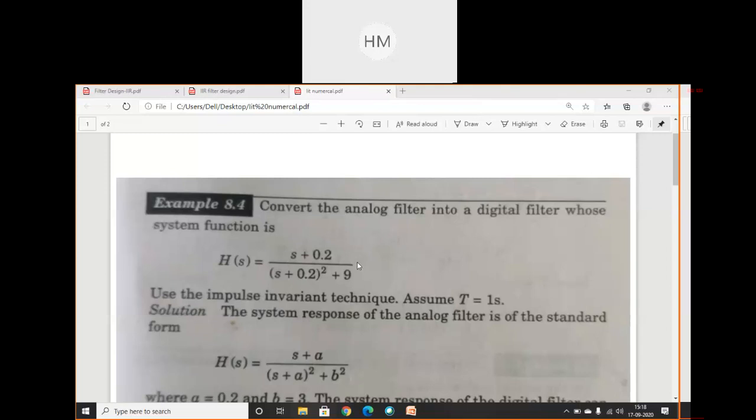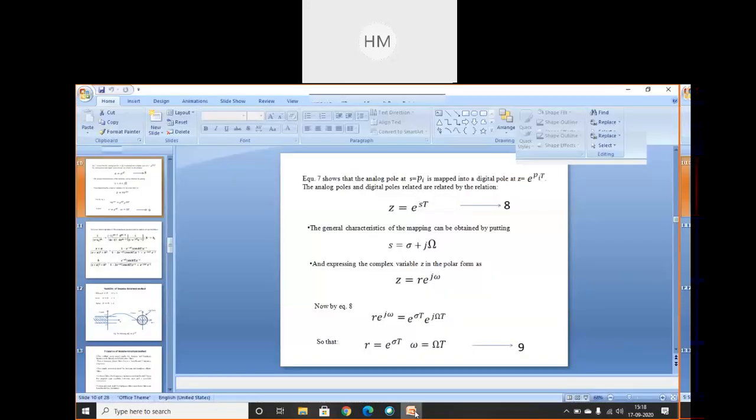Now I will convert the S domain into Z domain equation because I want to convert it from analog to digital. The system response of the analog filter is of the standard form. You have written 3 standard form equations, if you remember. Do you remember, students? You have written these 3 equations at last of IIT.